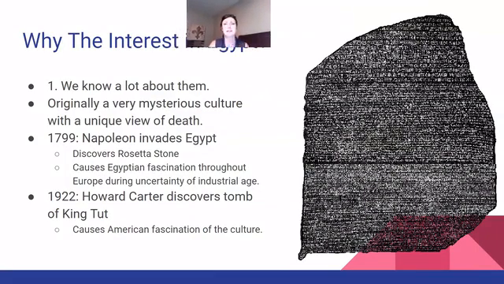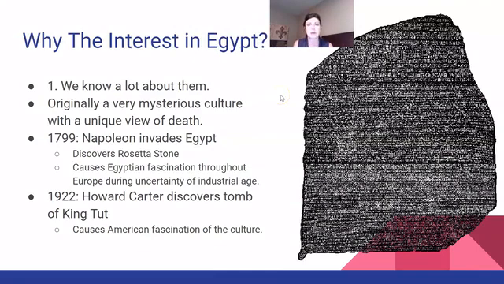So why is there such an interest in Egypt? Why is it so pervasive? When I wanted to become a history teacher, one of the first things I was interested in, in sixth grade, was Egypt. I remember getting a textbook that had King Tut's sarcophagus on it, and thinking that was the coolest thing. But why is there such an interest? Number one, we know a lot about them.